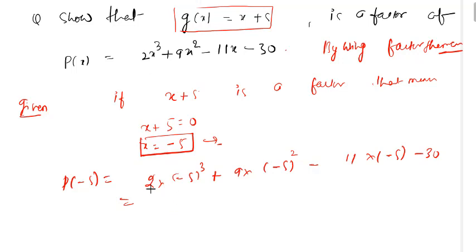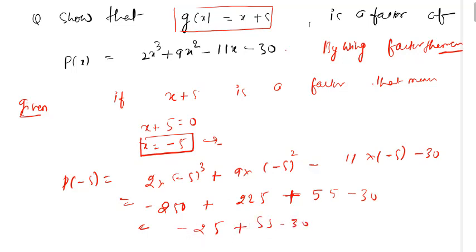Okay, sorry, minus 250, here 225 and plus 225, and again minus minus plus 55 minus 30. It will give you minus 25 plus 55 minus 30. This minus 25 and minus 30 become minus 55, minus plus 55 becomes 0.